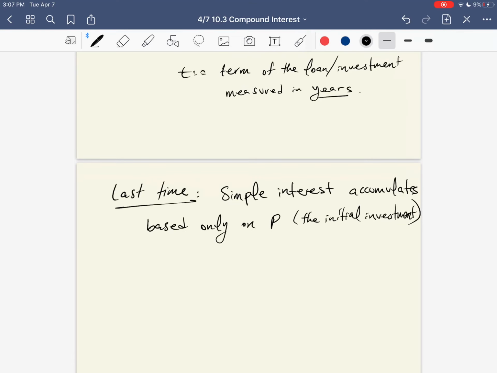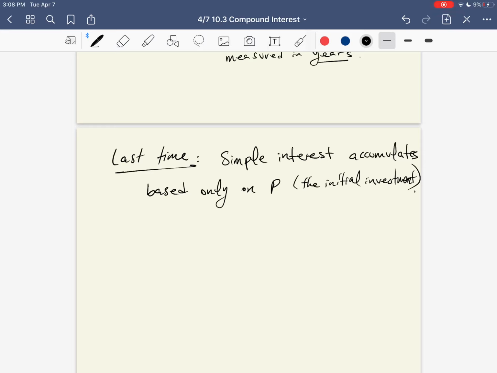Based only on P. Right. So that means that in simple interest, the interest that you accumulate over T years is going to be the principal multiplied by the interest rate as a decimal times the number of years, T.